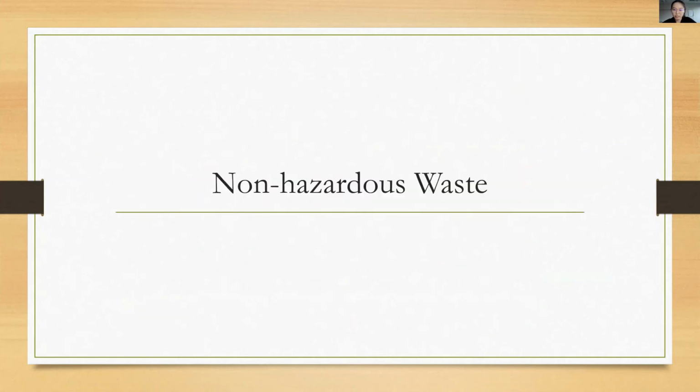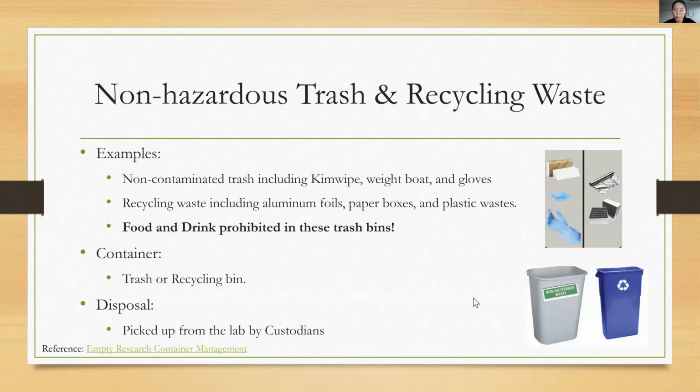The last one is the non-hazardous waste. Mostly it is differentiated into trash and recycling waste. Trash includes the gloves, weighing boats, and clean wipes. Recycling waste includes foils, paper boxes, and also plastic waste.